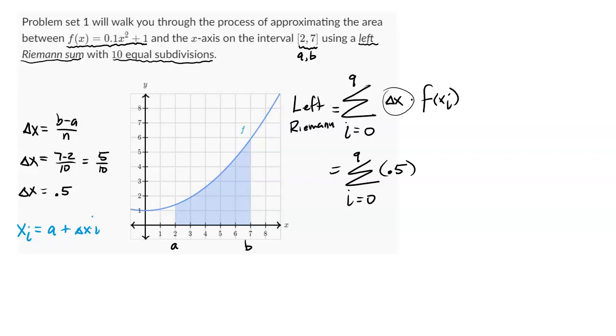Oh, you said 0.5. Yes. No, you're good. In my head, I heard 0.25. So x sub I is going to be your starting value plus the width times I. I want to plug this into the function we were given. So I want to figure out f of x sub I.